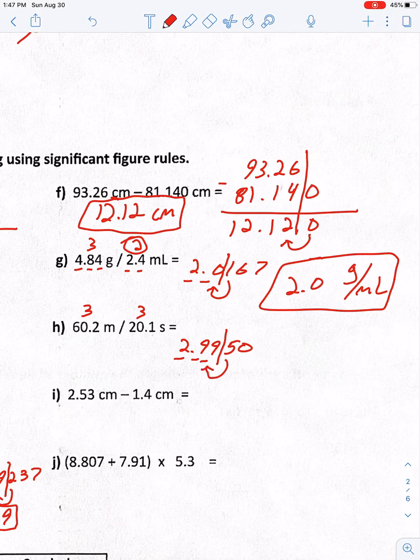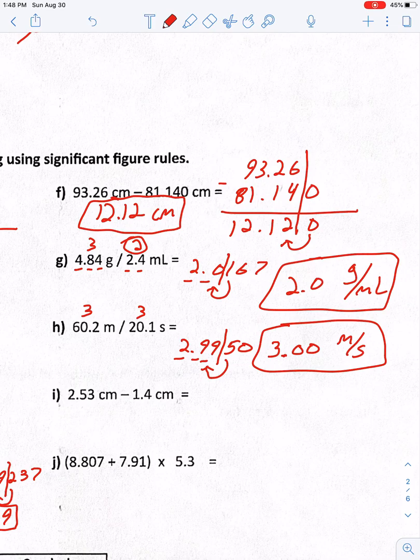Now this 5 is going to round that 9 up, which would then round the next 9 up, which would then round the 2 up. So 2.99 now rounds to 3.00. Now I kept a decimal in here, and I put those zeros in there because they are significant. I need to have 3 in my answer, so now I have 3. And it's meters per second. They're not anywhere near each other, so I can't do anything with exponents, so it's just meters divided by seconds.